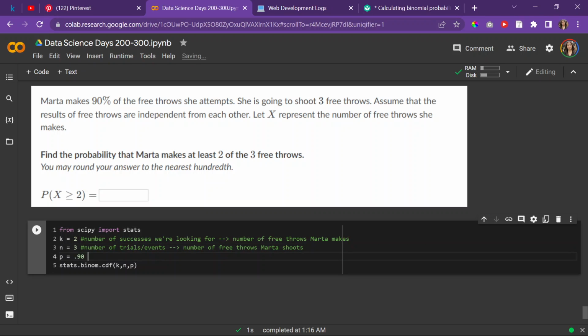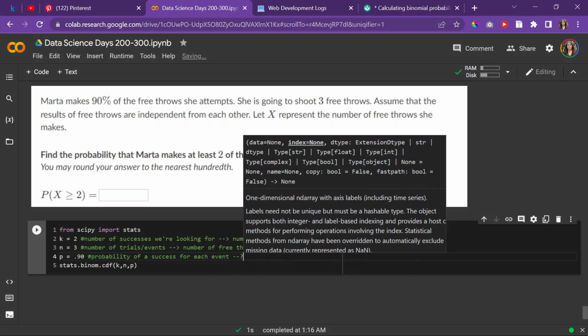And then p is the probability of a success for each event.